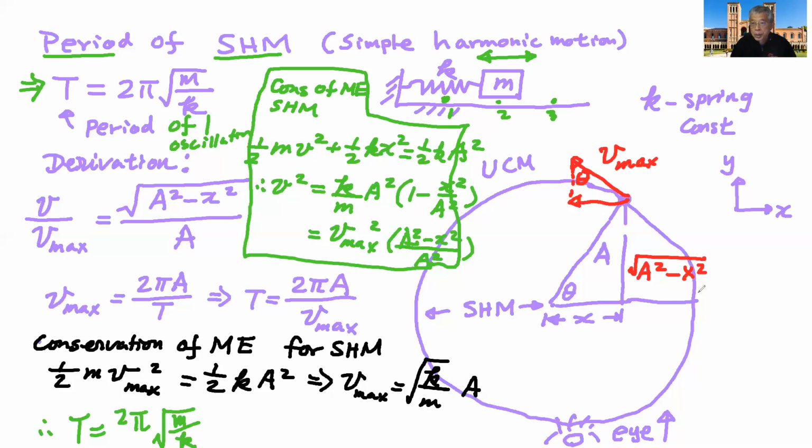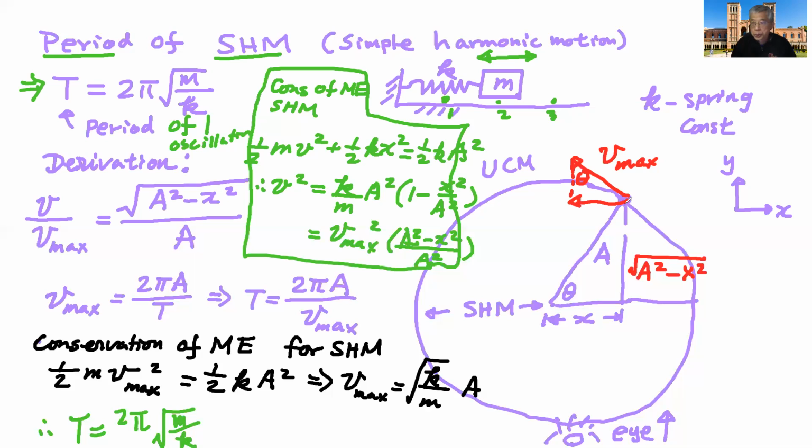How so? If you're doing a UCM with a mass around the circle, and you put your eyes in this location looking this way, then what you see of this mass's motion would look like an SHM.